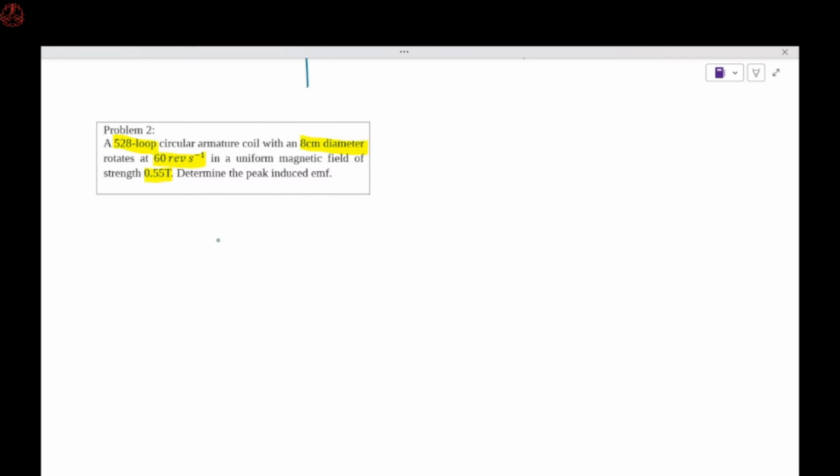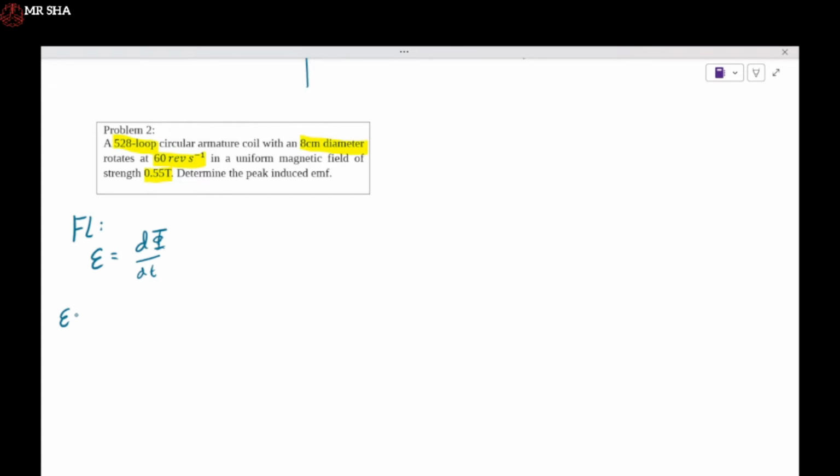I would like to remind that Faraday's law simply says that the induced EMF is equal to d phi over dt. Not negative, that's Lenz's law. d phi is the change of magnetic flux.